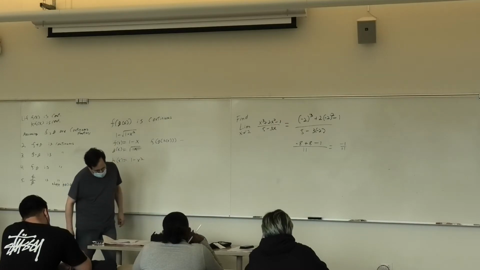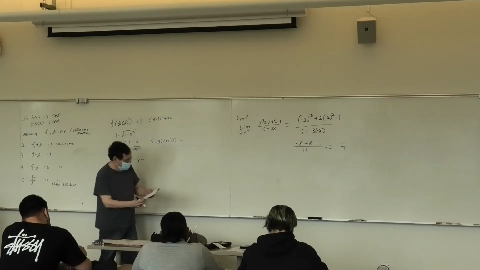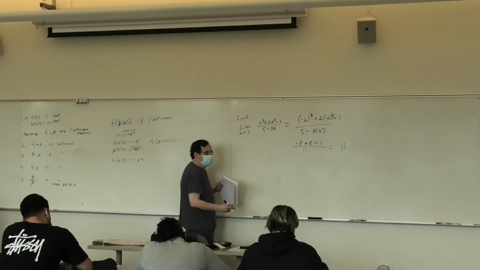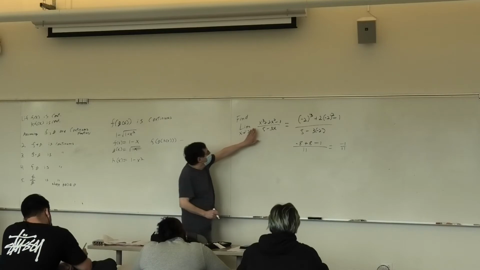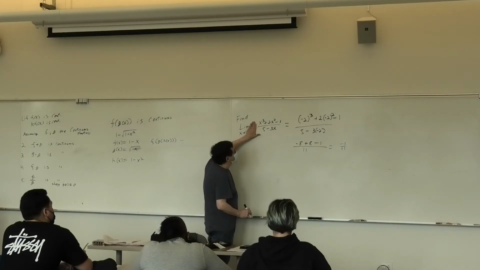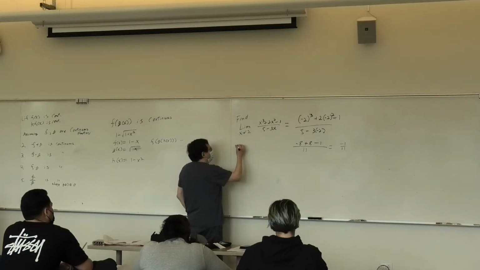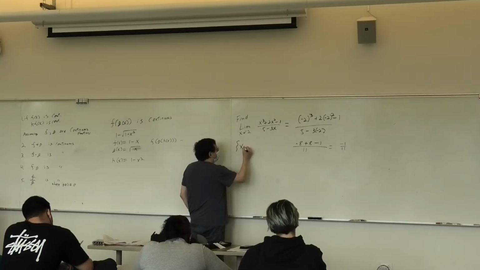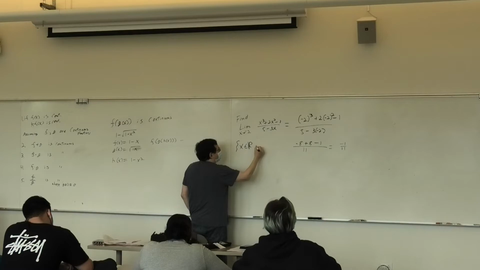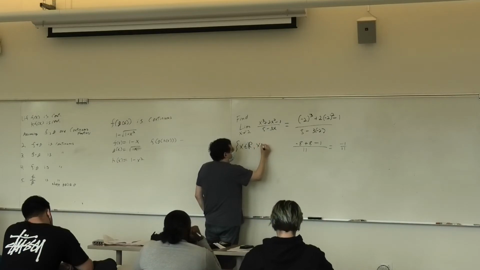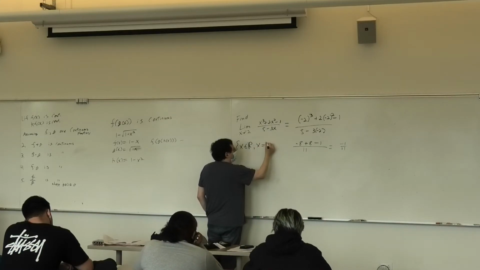Let's try one more. What did you say about the domain a minute ago? Okay, so this is a rational function, and its domain is x is a real number, where x is not equal to what?